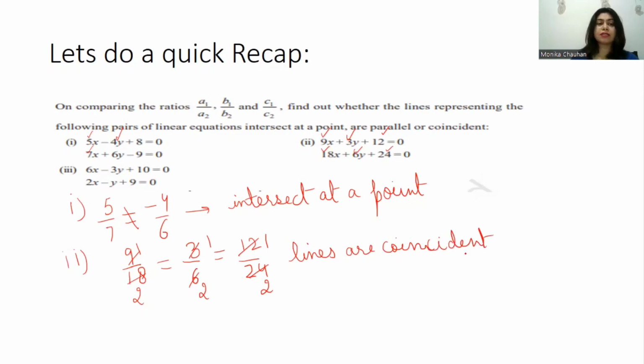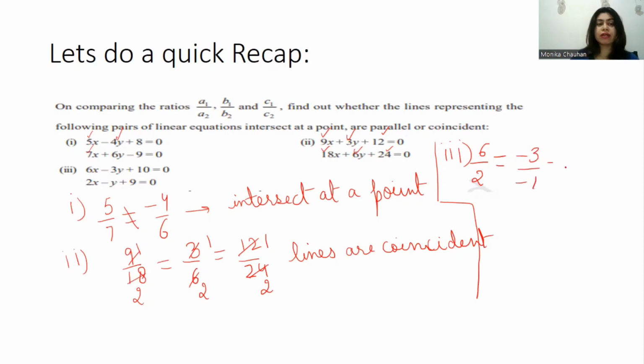And now about the last one, the third one. When you have this third case, the coefficients of x, 6 and 2, which is 6 upon 2 in the form of a ratio. Then you have minus 3 upon minus 1.